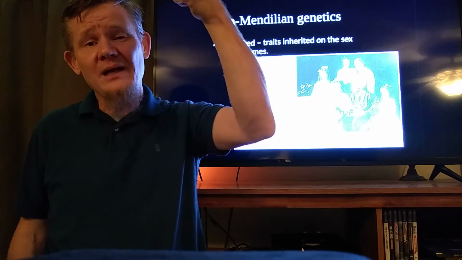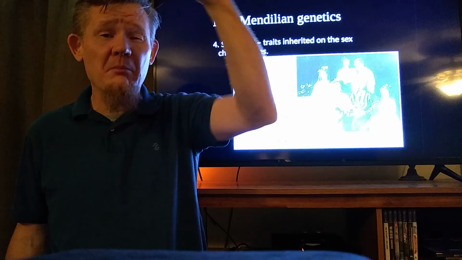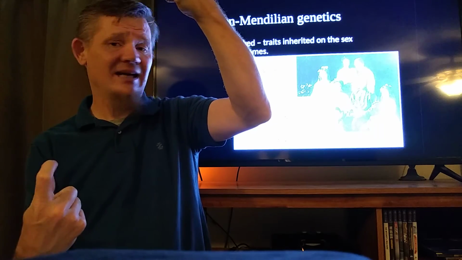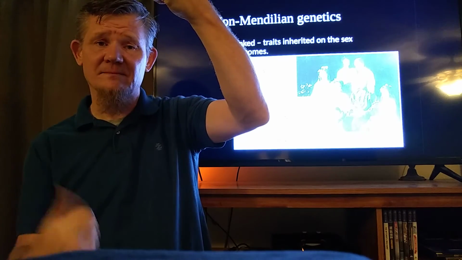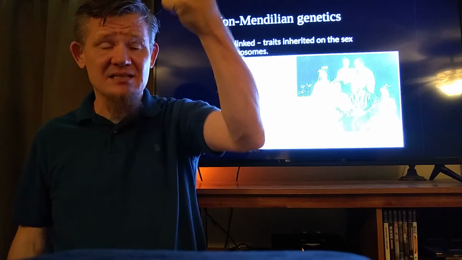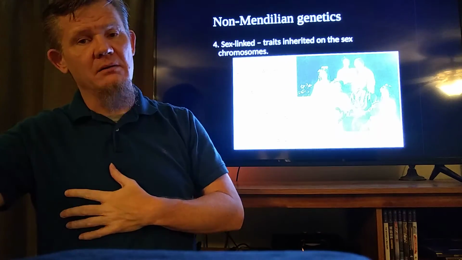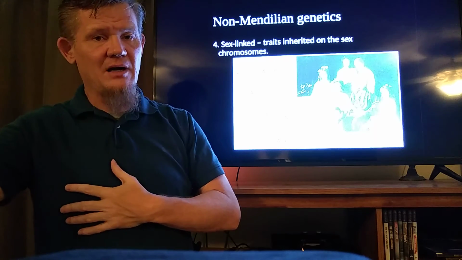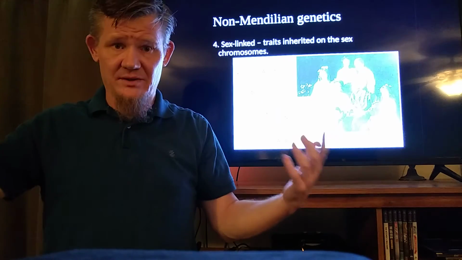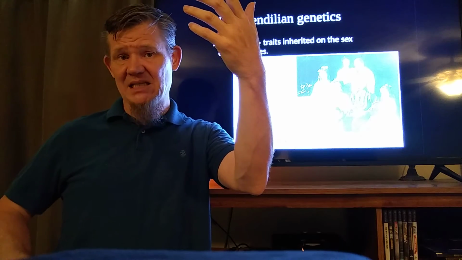If I only get it from my mom, because the Y doesn't have a corresponding match on it, that means that if I get a recessive one from mom, that's the only one I have. I can't fall back on a dominant version that I might have gotten from dad, because dad gave me this itty-bitty little thing called a Y.